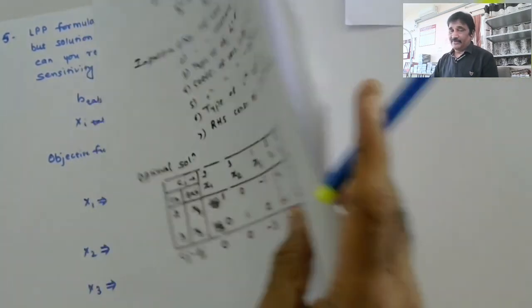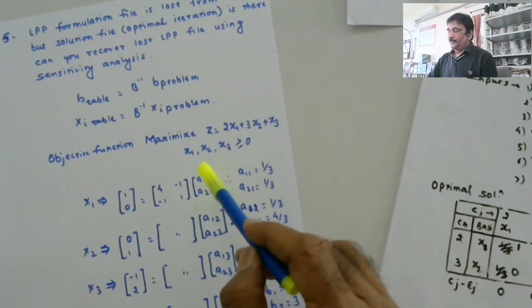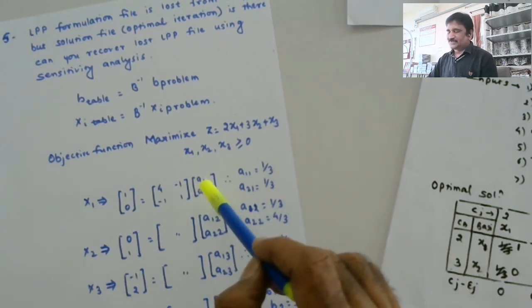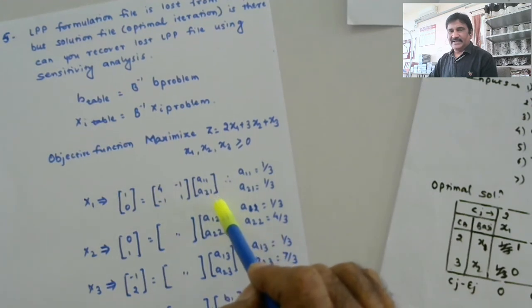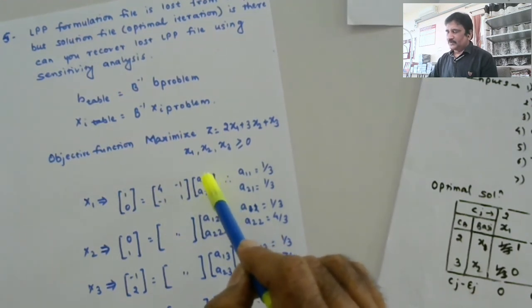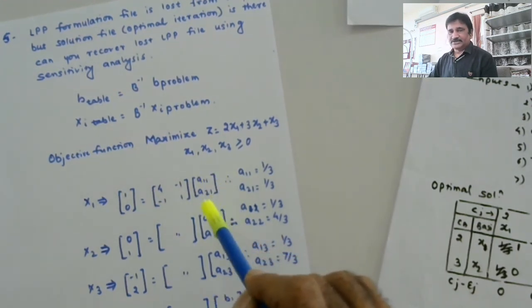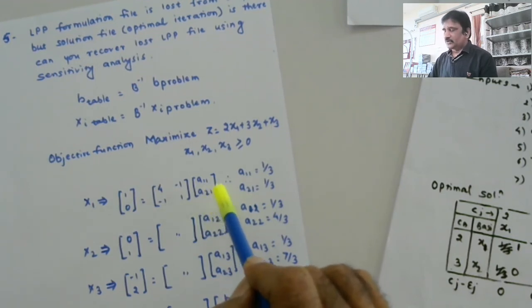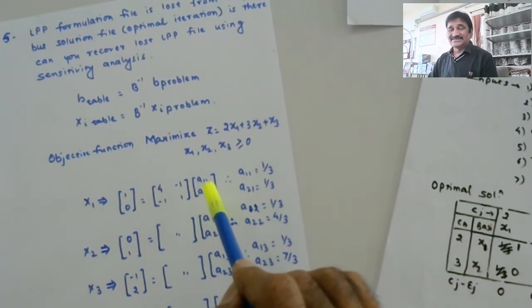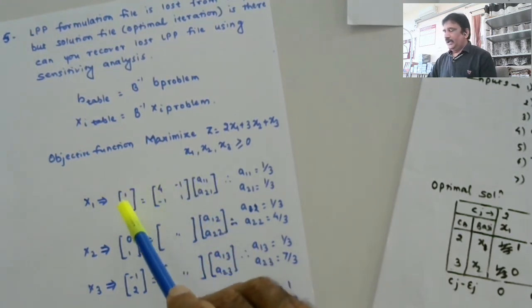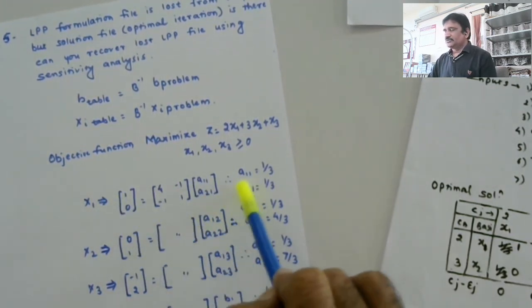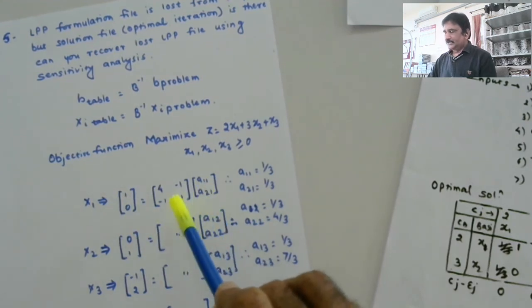What I am not having are the values of the coefficients of x1 in the LPP, which I am taking as a11 and a21. A11 is the coefficient of x1 in the first constraint, a21 is the coefficient of x1 in the second constraint, right? So I have put all the values here. This is B inverse, this is x1 from the table.